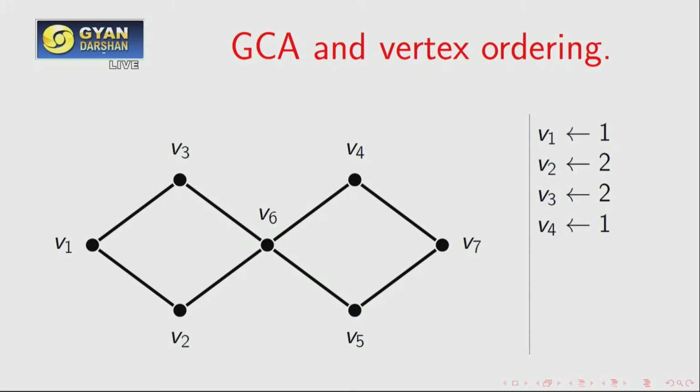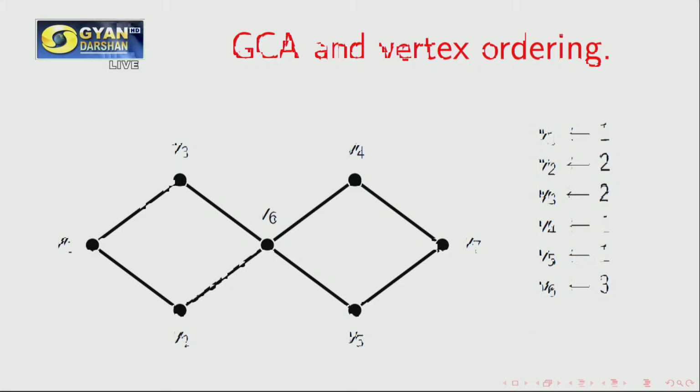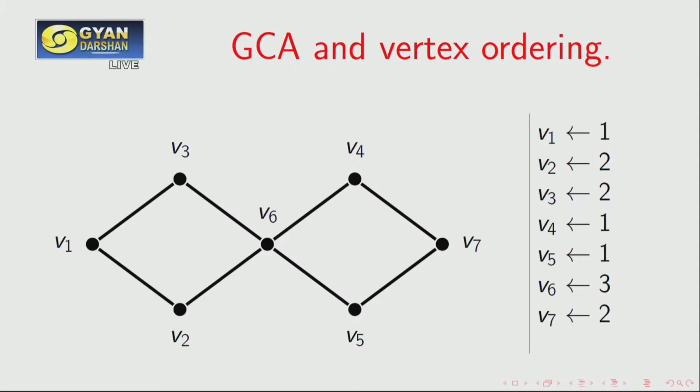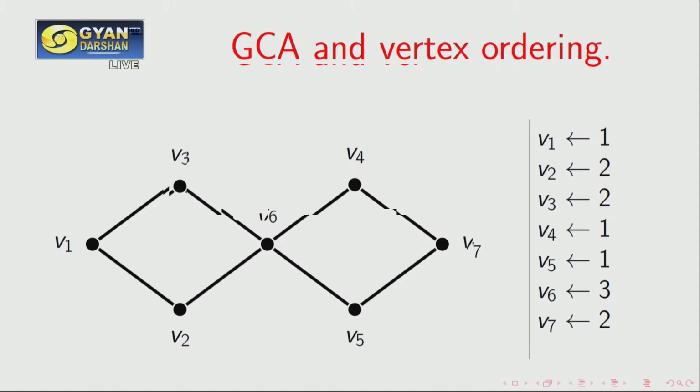For instance, if you label the vertices of this graph differently, say the vertices V4 and V6 are interchanged, then the number of colors required is 3. But we can ensure that in any case, the number of colors required is at most delta(G) plus 1. So that is what is guaranteed.